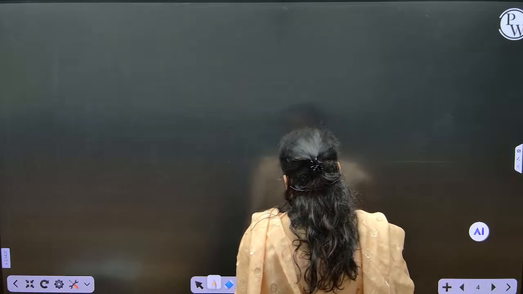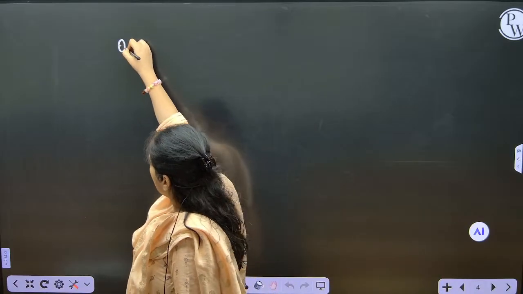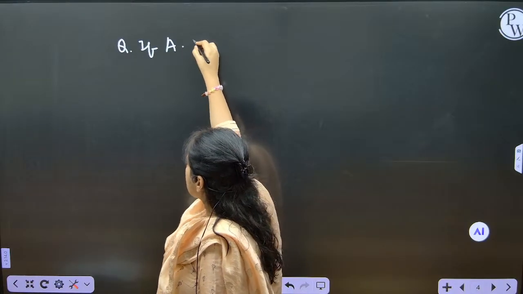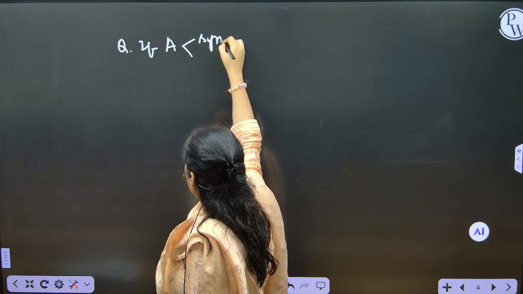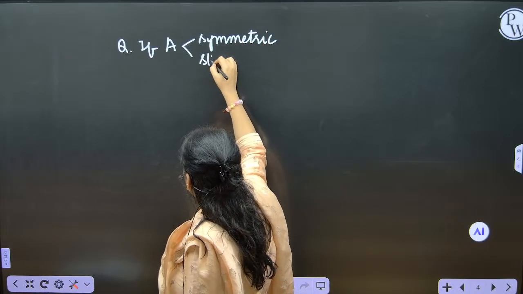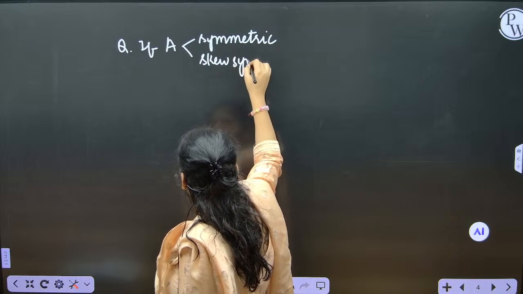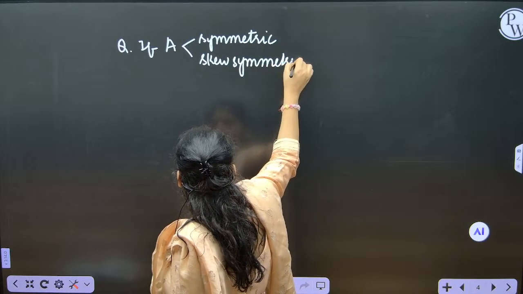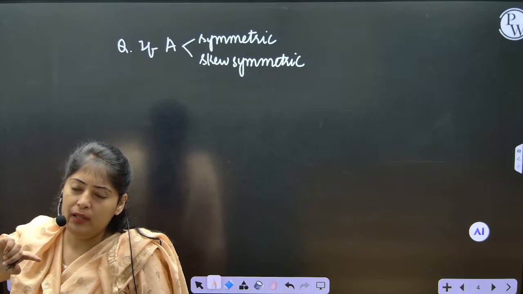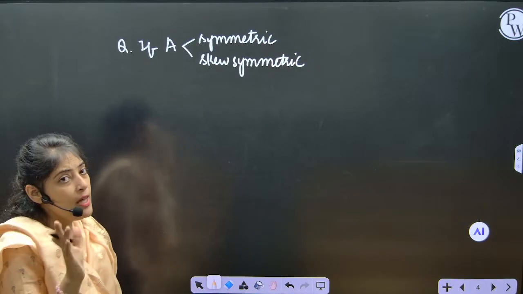Next question. If A is any matrix, either it is symmetric or skew symmetric. Both ways we have to check. When it is a symmetric matrix, what will happen? If it is a skew symmetric matrix, what will happen?